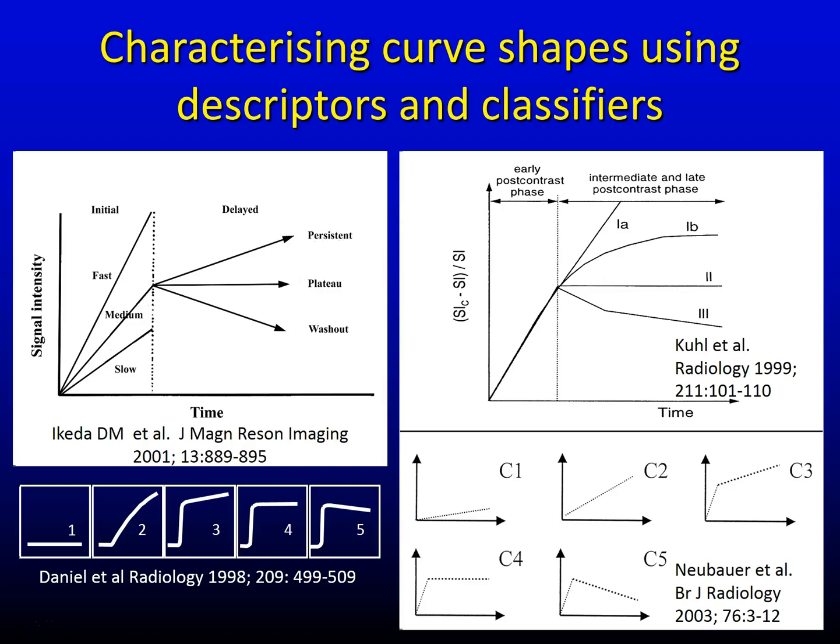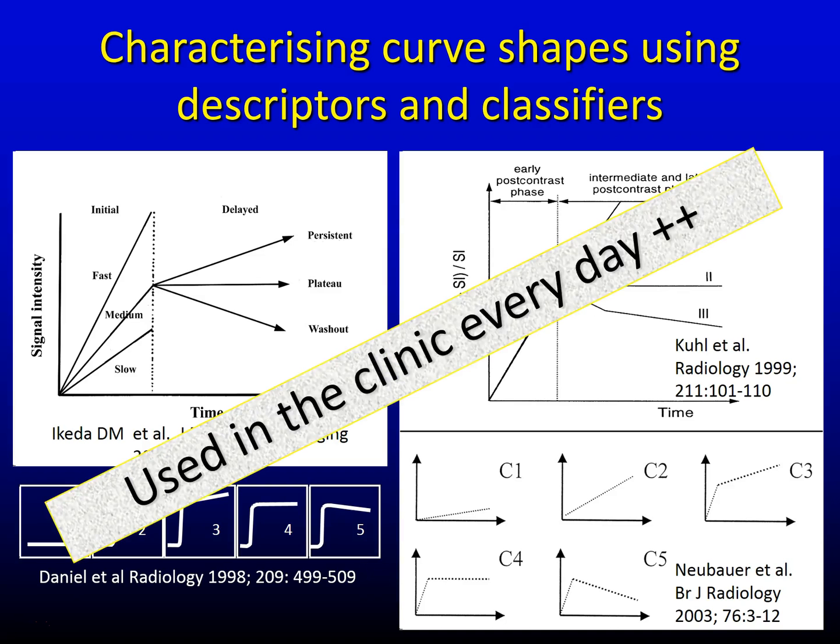There are several curve shape classifiers available in the literature. I've just put out some of them over here. The most common one is this one over here, used by Kuhl in 1999, although we also use these descriptors here by Daniel in Radiology of 1998.